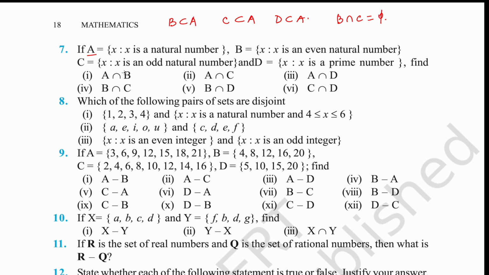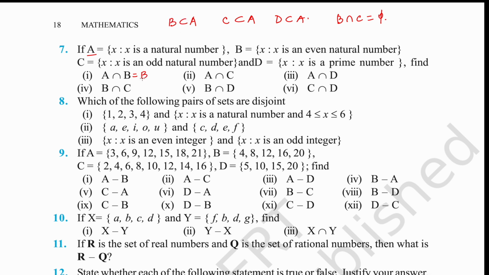Now let's try to figure out what is the answer of these questions. So you want to find A intersection B. We know that B is a subset of A and you are taking the intersection. So the answer is going to be the smaller of the two sets. That means the set which lies on the left side of this subset symbol.